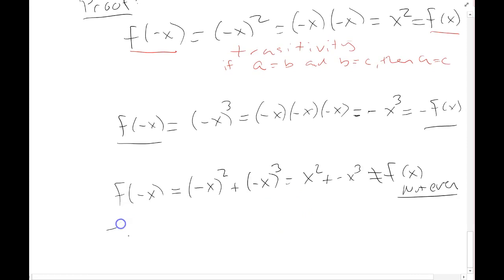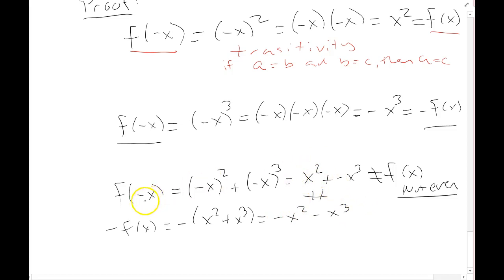Furthermore, I know that negative f of x is going to be negative x squared plus x cubed, which is negative x squared minus x cubed. And positive x squared minus x cubed is not equal to negative x squared minus x cubed. Right? This x squared is positive, this one is negative, so they can't be equal either.